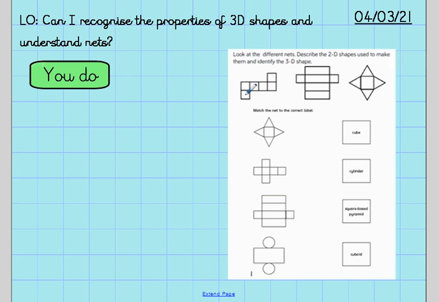This one I would describe as 1, 2, 3, 4, 5, 6. So I might say there are 6 squares that create the net.